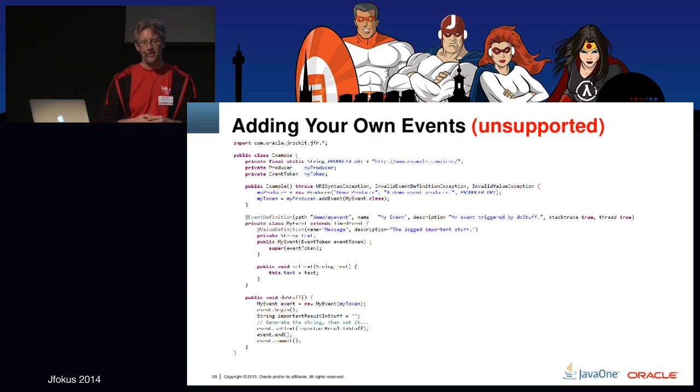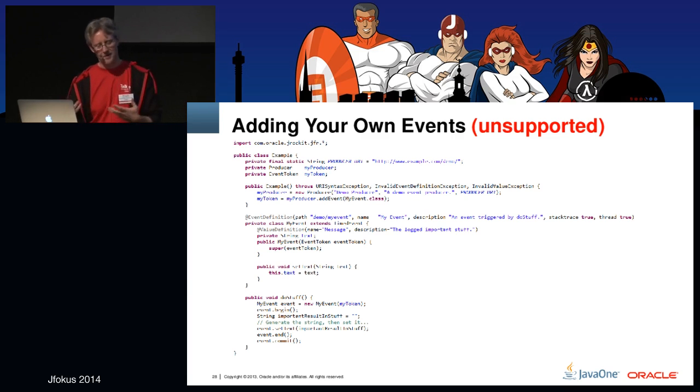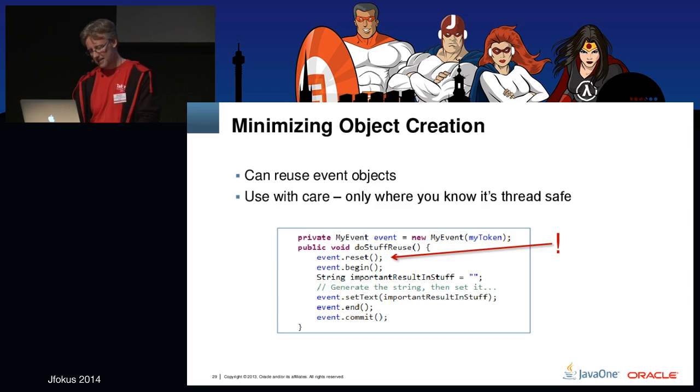But you use annotations to add the metadata describing the events, and you create a new event, you tell when it should start, get the start timestamp, you push everything into the different fields, and you just call end to take the end timestamp and commit it to the flight recorder. So that's all you need to do. If you're worried about creating a lot of these small event objects, you can actually reuse them if you know that it's safe. And then you just call event reset.